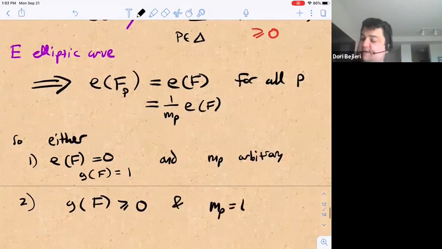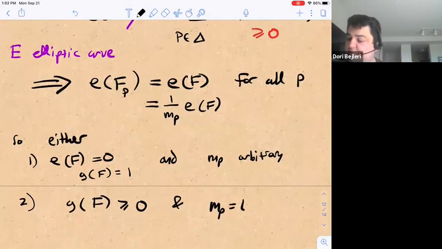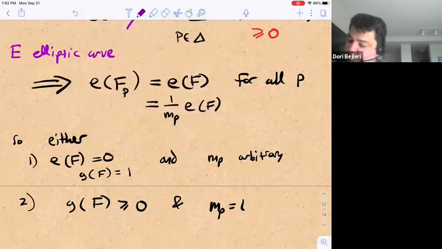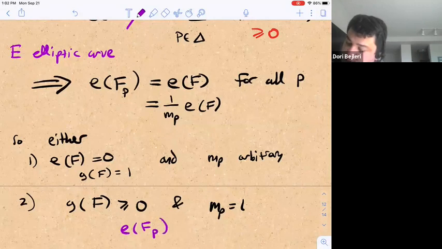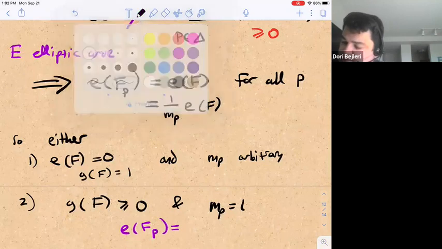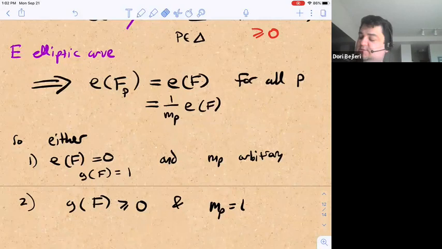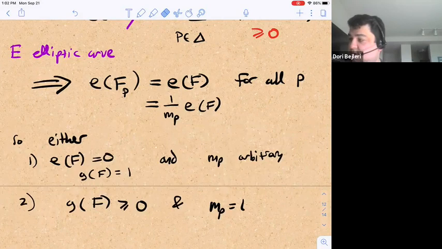But now in the second case, by the lemma, once MP is 1, then we get that E of FP. I guess it's true in both cases, actually. In either case, once we have these equalities, we know the holomorphic Euler characteristic of O is constant. Yeah, I do need MP as 1.